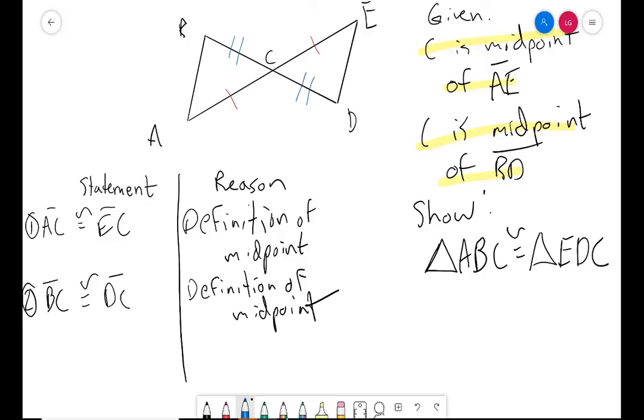For the same reason, though on a different line segment, BC is congruent to side DC. So you can see the two triangles we're trying to prove are congruent.